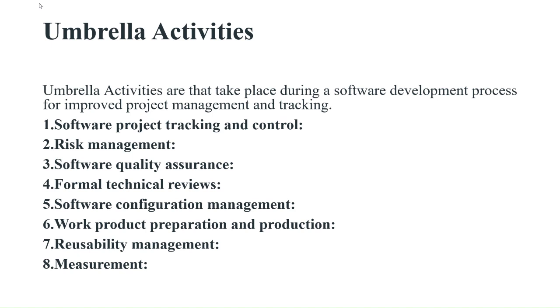Next one is formal technical review. Formal technical review means it is required to assess engineering work products to uncover and remove errors before they propagate to the next activity. If we are moving from one stage to another stage, it should be without errors. With errors we cannot move from one stage to another.